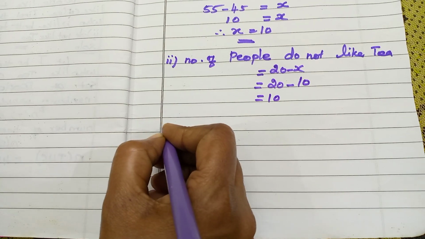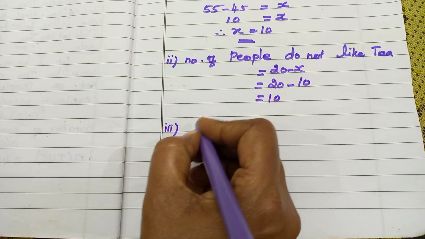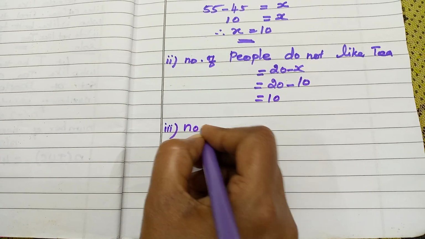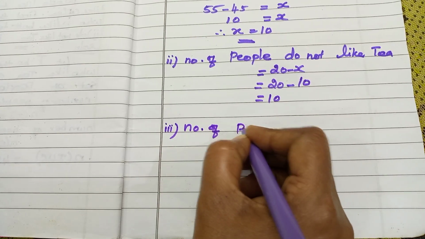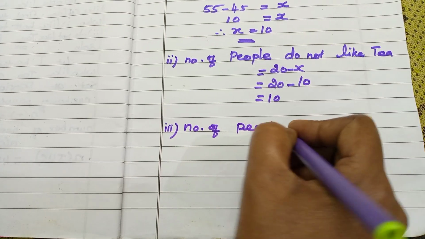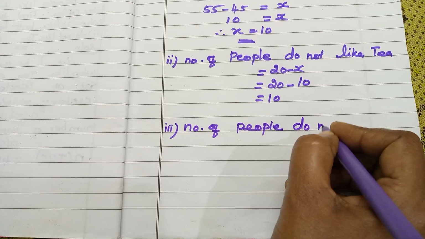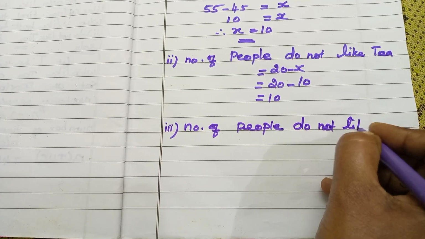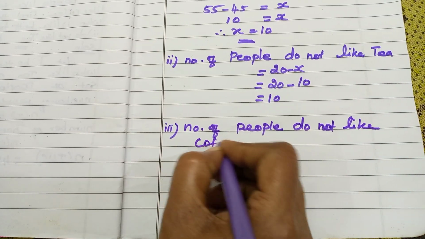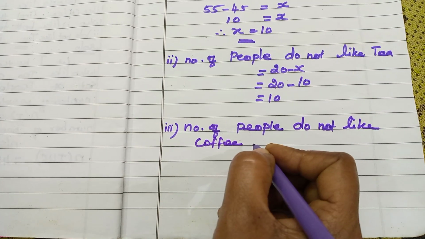Understood? Next, the third subdivision. The third one is the number of people who do not like coffee. See the Venn diagram.